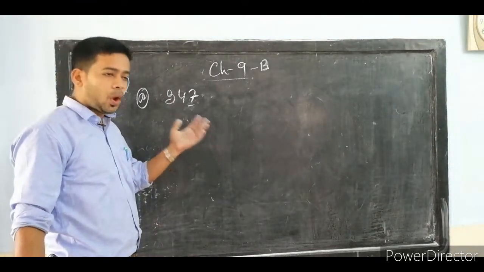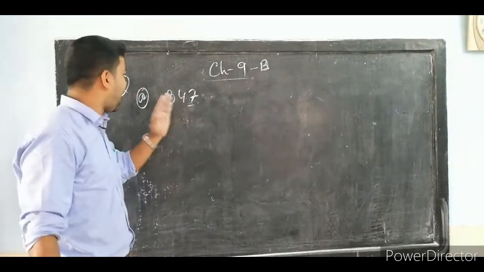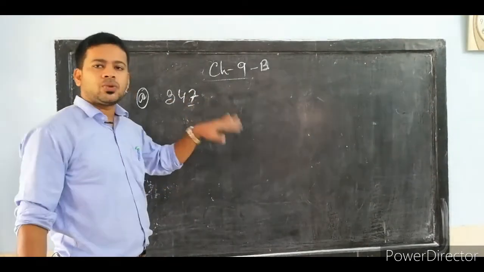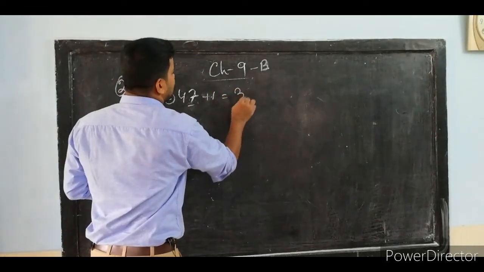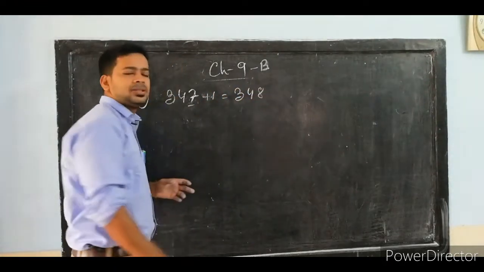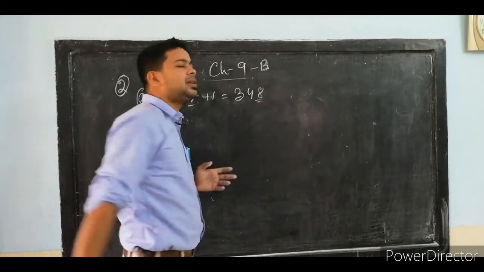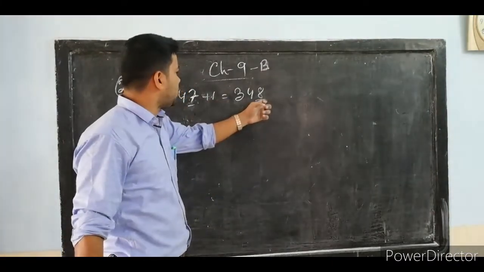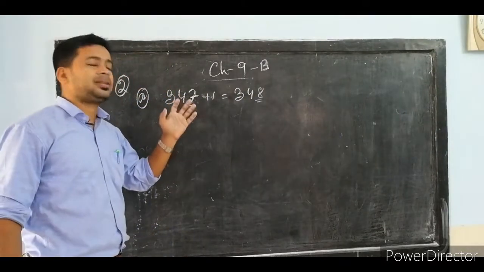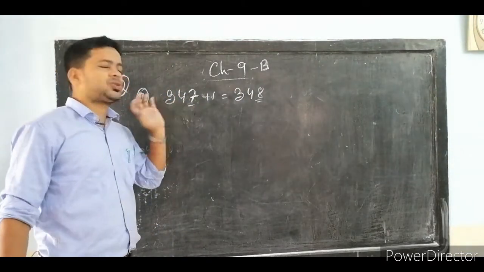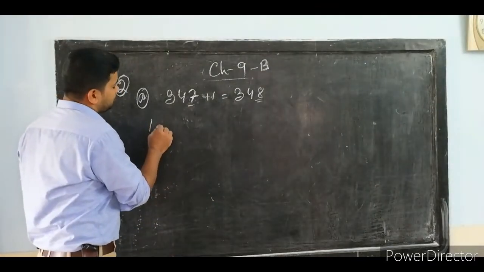Since 7 is not an even number, how do we make it an even number? What is the least number that we can add to this 7 so that it becomes even? If we add 1, the number will be 348, isn't it? And when it is 348, we get the last digit as an even number. That means when it is even, it will be divisible by 2. So the least number that can be added to make it divisible by 2 is 1.